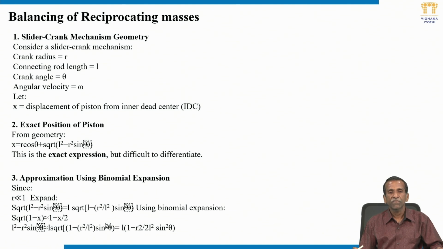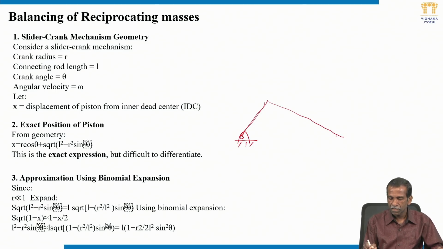Velocity and acceleration of the piston. As we know, in the simple slider crank mechanism, this is the crank which is connected to the crankshaft and is rotating, and this is the connecting rod attached to the piston, and the piston is reciprocating in the cylinder. This is the configuration of the slider crank mechanism you have seen.